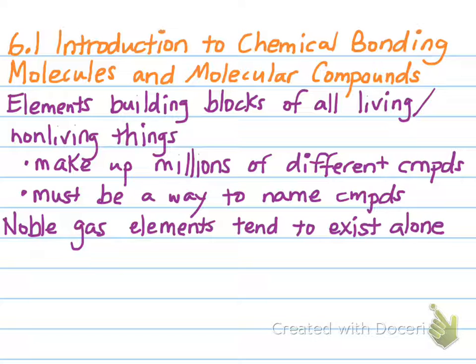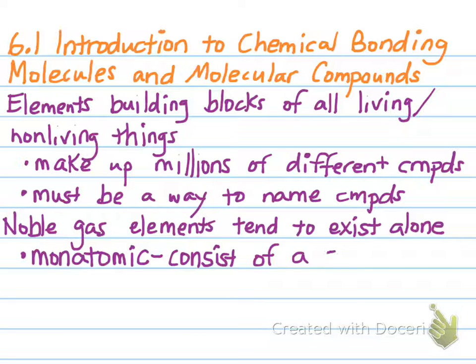They tend to exist all by themselves alone. Because of that, the noble gases typically are described as being monatomic. And we've seen this word before. Remember, monatomic means that they consist of a single atom.